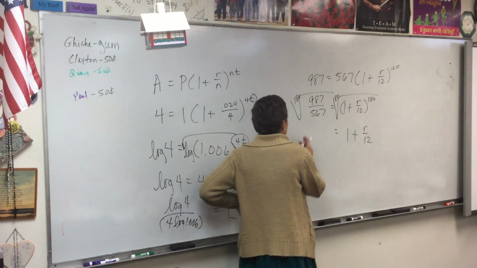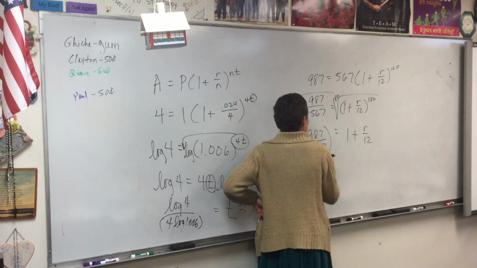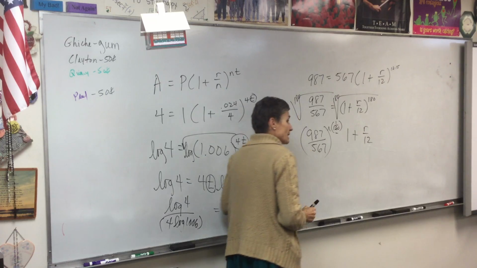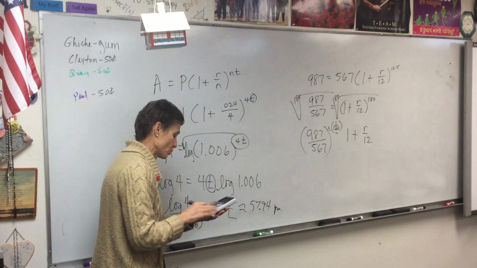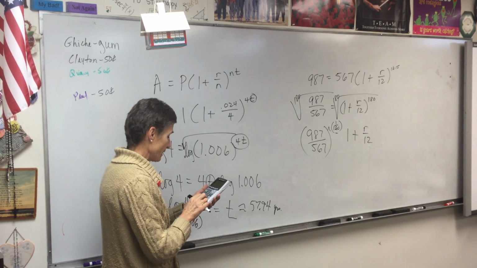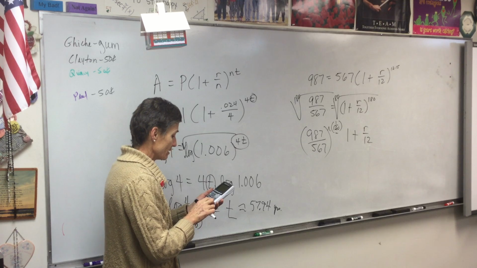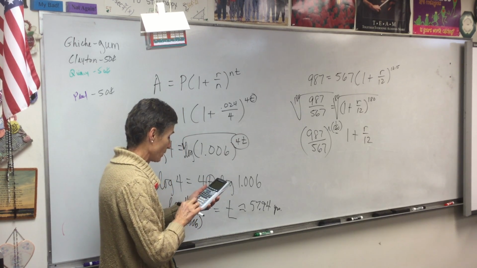Now on the calculator, you can take the 180th root, but I bet I've told you already, I never do that. I raise to the 1 over 180 power. It's just easier for me. I don't have to search for that button. So 987 divided by 567, then raised to the parentheses 1 divided by 180.